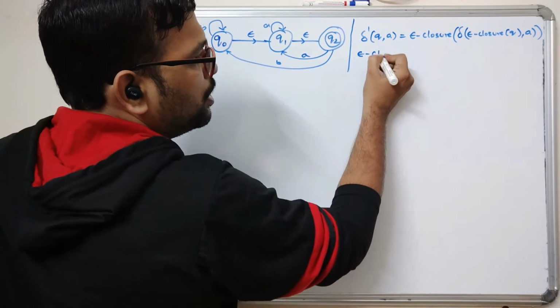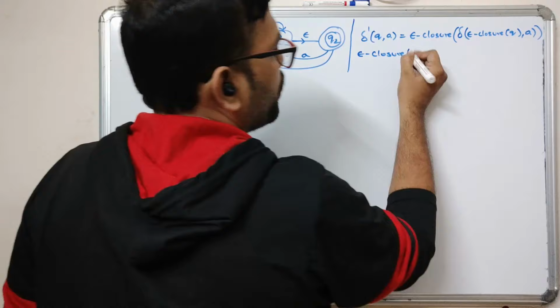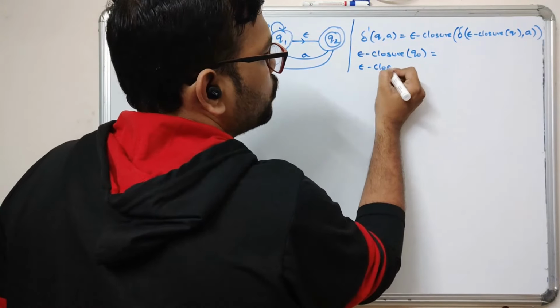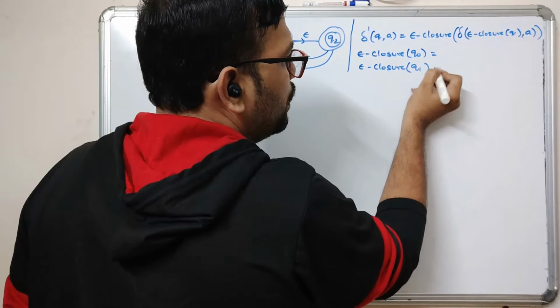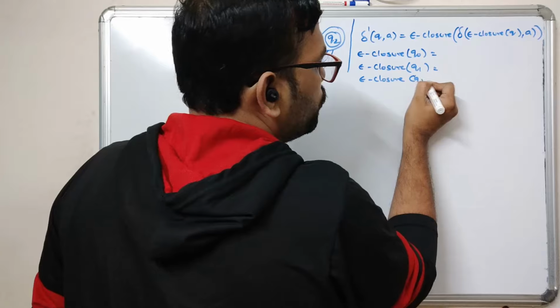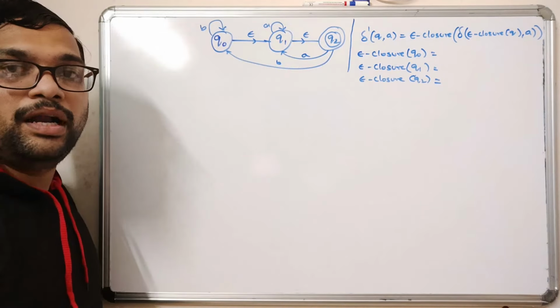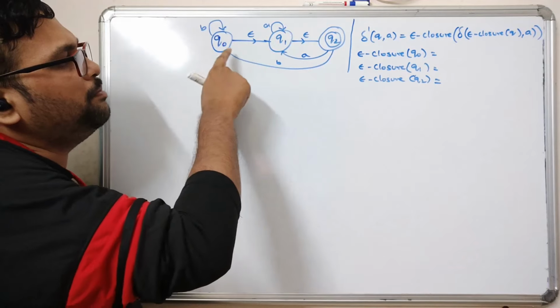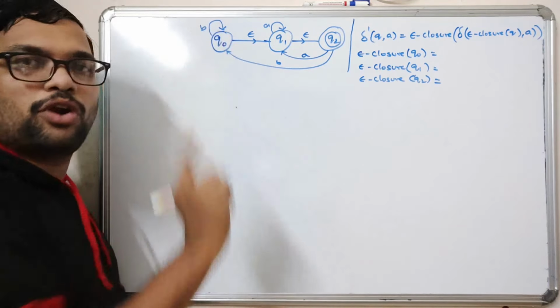So we need to find the epsilon closure of q0, epsilon closure of q1, and epsilon closure of q2, right? Epsilon closure means the states which are reached from that particular state with the epsilon move.